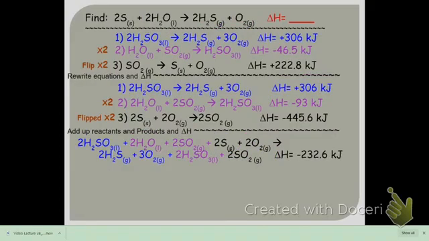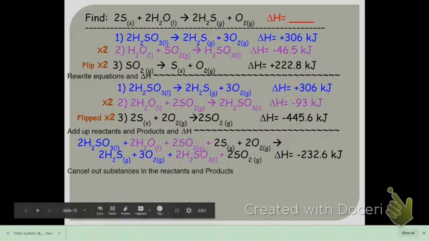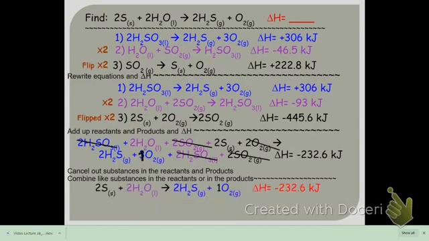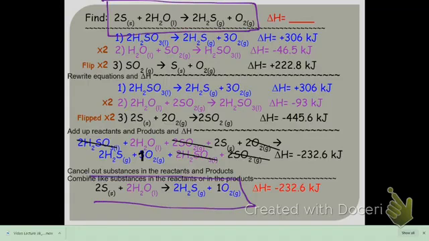And so, when we bring them all down, they should exactly match our final equation. And here you go. This is our final equation, and it's the same as this. And our delta H is a negative 232.6, so this is exothermic.